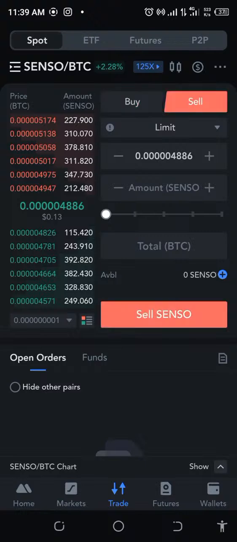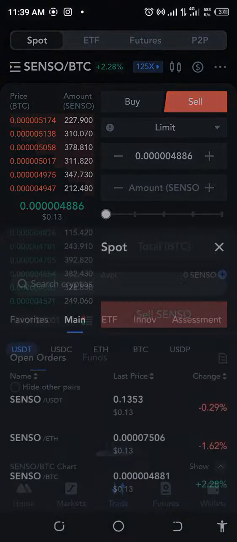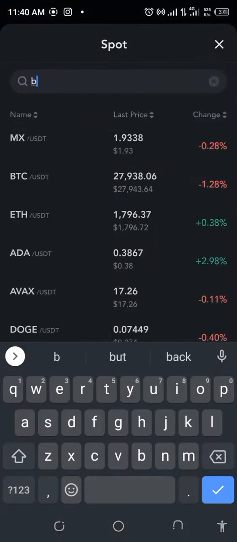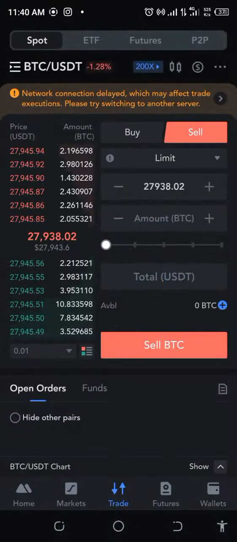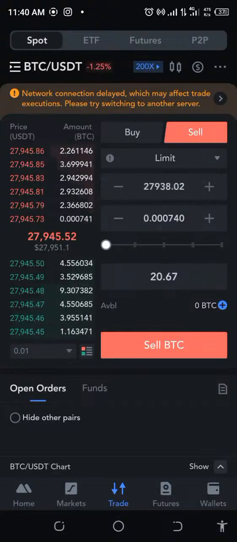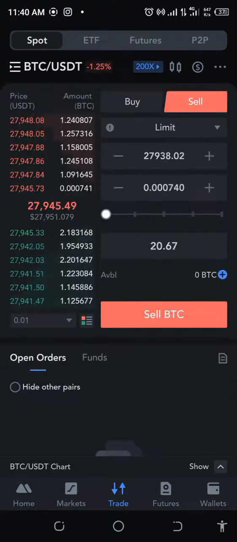Okay, so we put that in there, copy that out, and quickly go over to BTC and check what we have. So we're selling to BTC, and then we'll see. Oh, we get 20.67. Looks good, from 20.32 to 20.67.